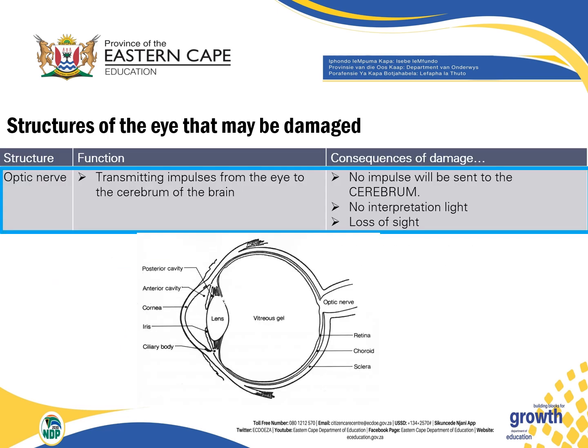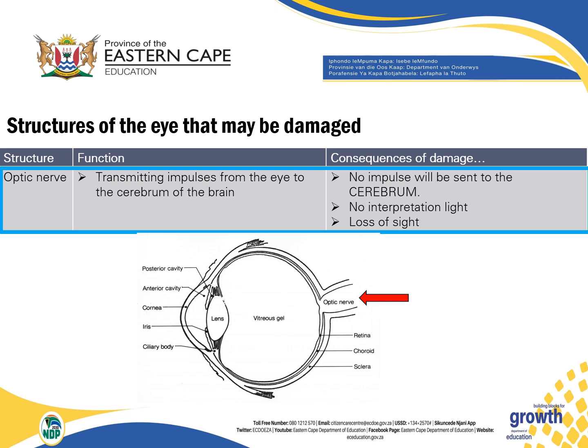The last part of the eye involved in the formation of the image is the optic nerve. Now, the optic nerve's function is to transmit impulses from the eye to the cerebrum of the brain, where the impulses will be interpreted as an image. Therefore, if the optic nerve is damaged, no impulses will be sent to the cerebrum.